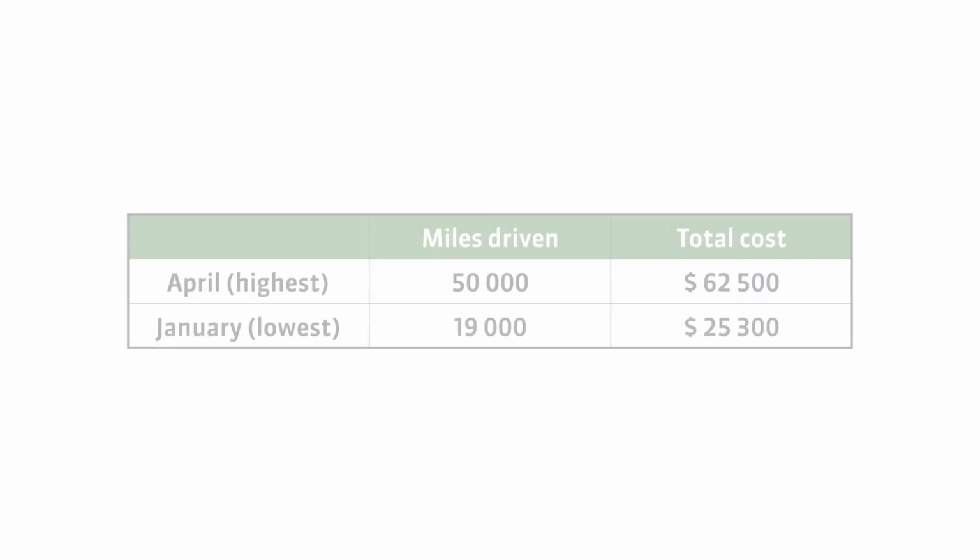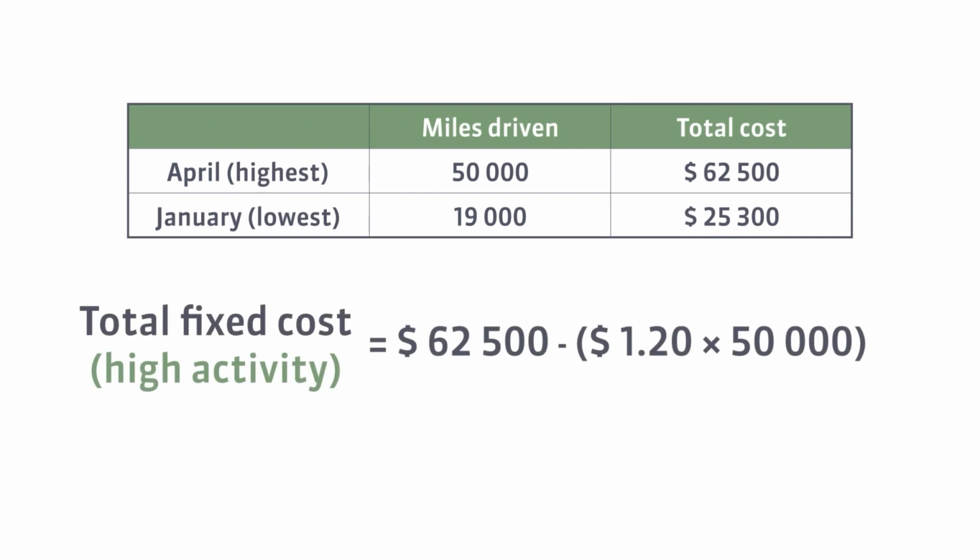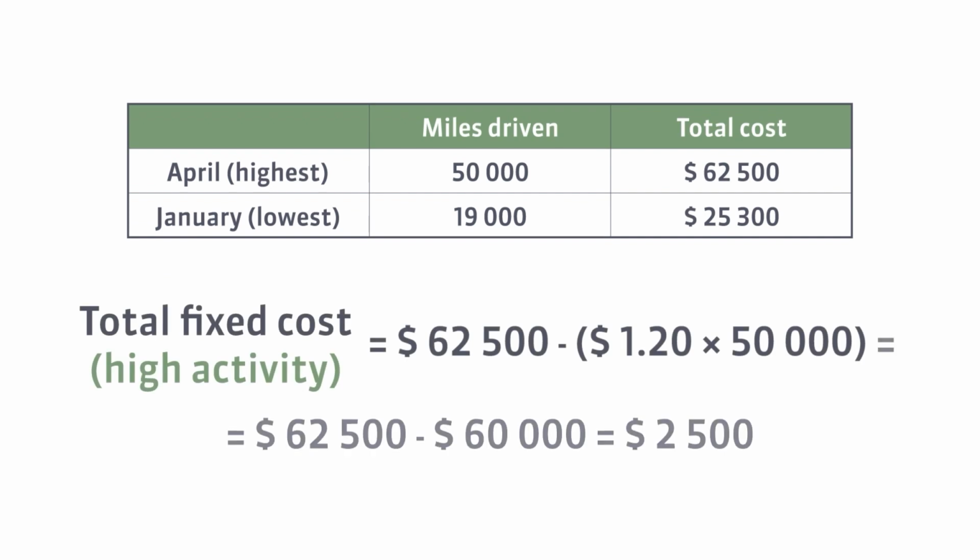We can put the largest or the smallest value. Whatever we do, the end value will be exactly the same. Let's start with the highest value first. The total fixed cost with the highest activity is $2.5 thousand.